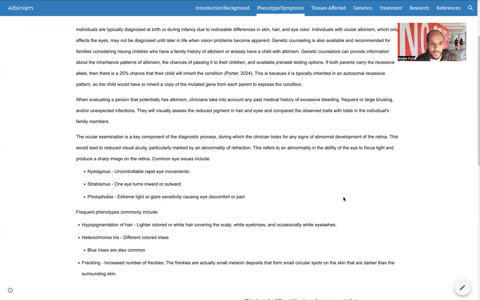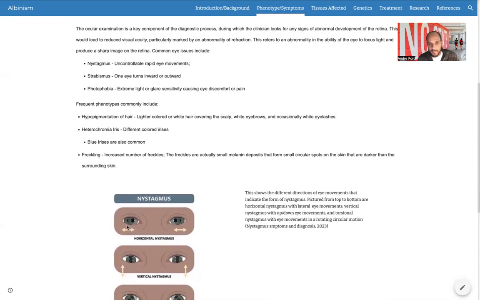In addition to the eye symptoms, of course, there's hypopigmentation of hair, covered that. It can be even in the eyelashes at times. There's heterochromia, which is different color irises, and a lot of times blue irises are common in people with albinism, and freckling definitely is common.